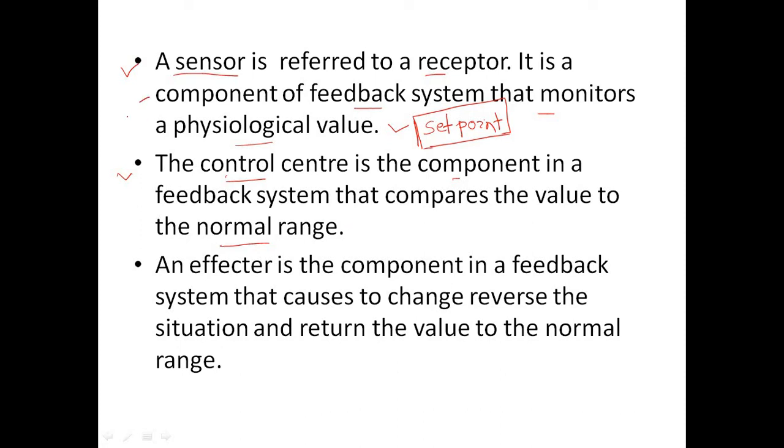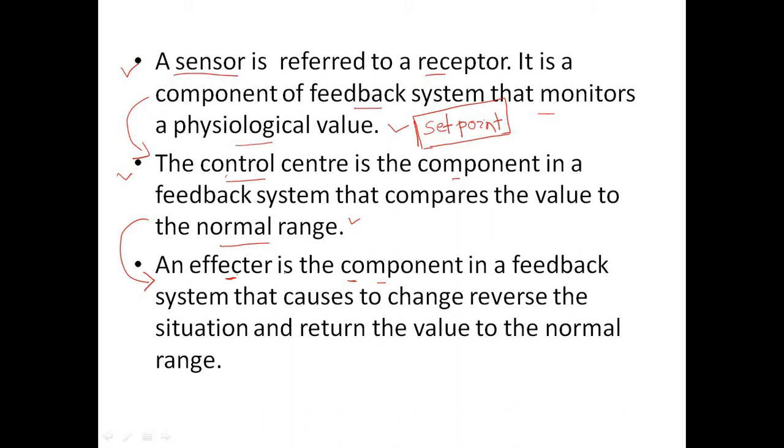After a normal range deviation or any disturbance, the control center sets it and sends a message to the effector to work according to the order or information that will reset the deviating physiological value.